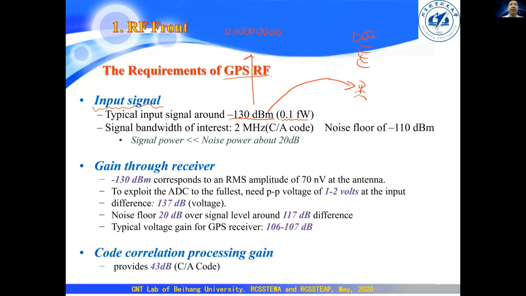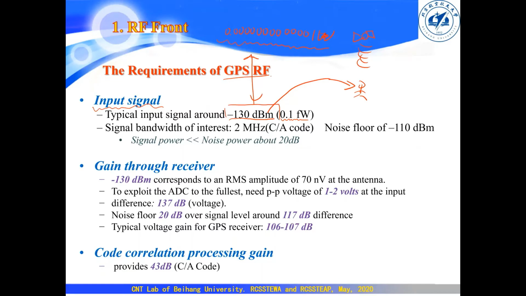If you write this out, you will get a very long decimal number of watts. This is horrible, right? It's very hard to write, so mathematically we use dB.